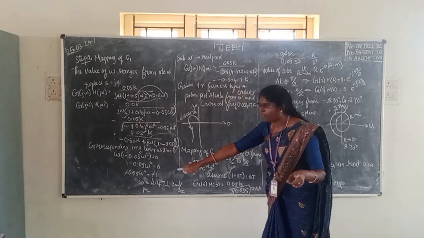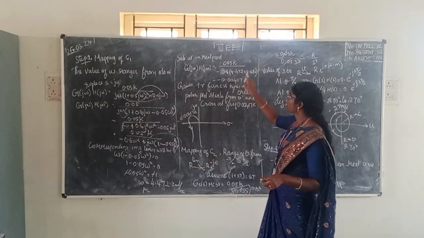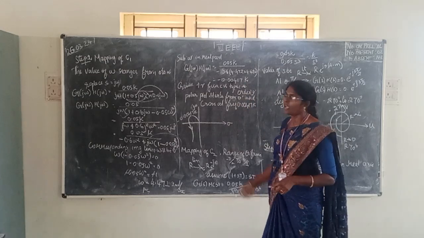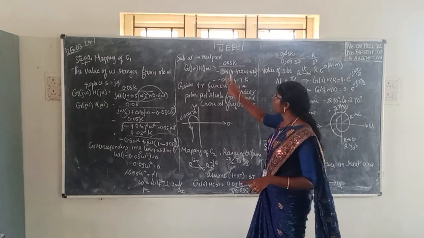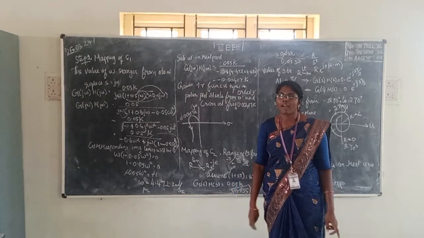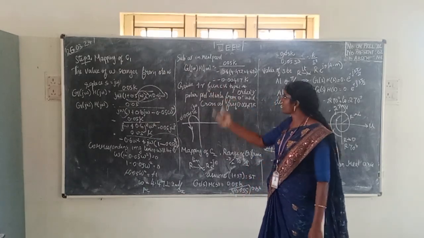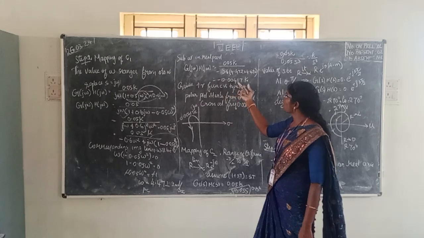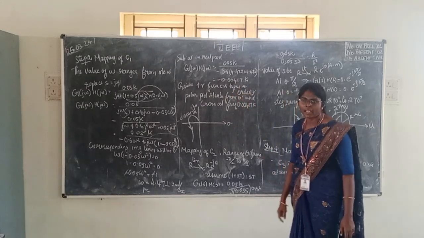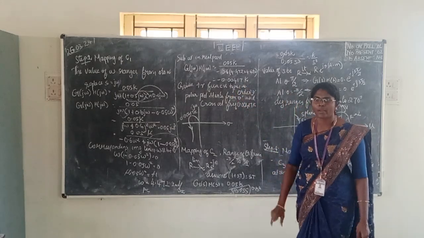The omega value we just found out now, 4.472 into 4.472. If we multiply both and divide, we will get the value on the real axis, that is minus 0.00179 k. That is the crossing point.